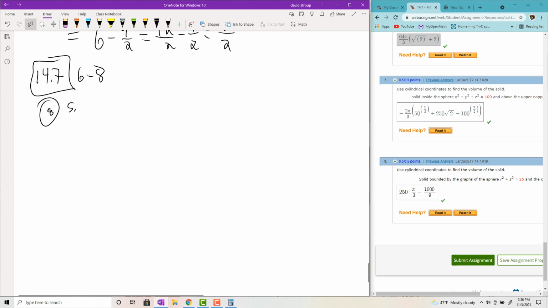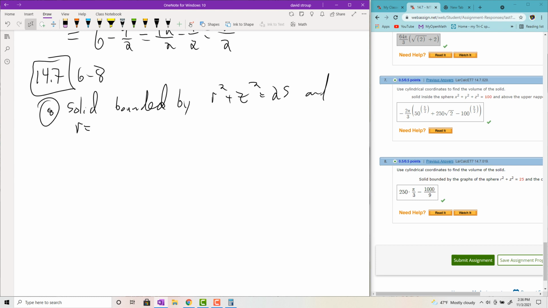I'll just warn you. But anyways, we've got the solid bounded by r squared plus z squared equals 25, and r equals 5 cosine theta. So this thing right here, if you do a conversion on r squared, it's x squared plus y squared plus z squared equals 25. That's a sphere. And then this guy right here is one of our friendly shifted circles with radius 2.5.